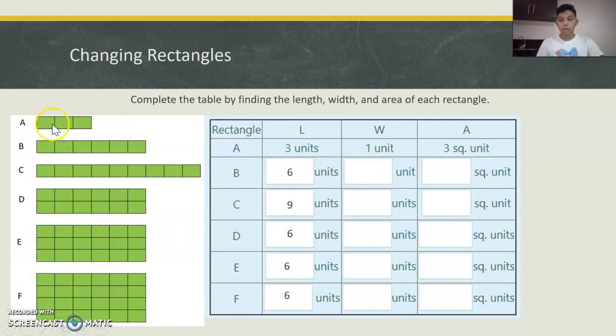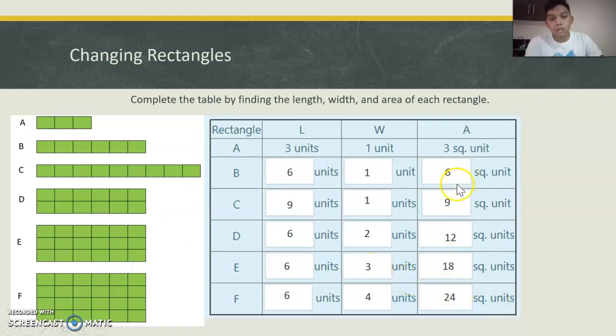The width of B is 1 unit, C is also 1 unit, and then for rectangle D it is 2 units, E is 3, and F is 4. And then for the area, we just have to multiply them together. So this is 6 square units, 9, and then 12, and then 18, and then 24.